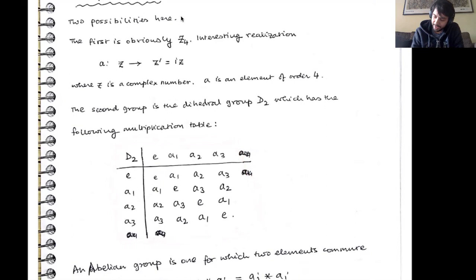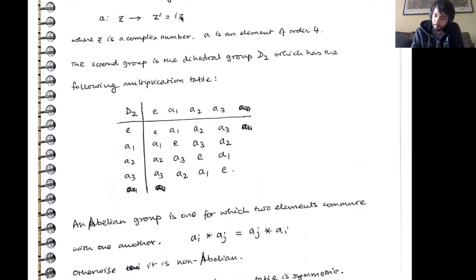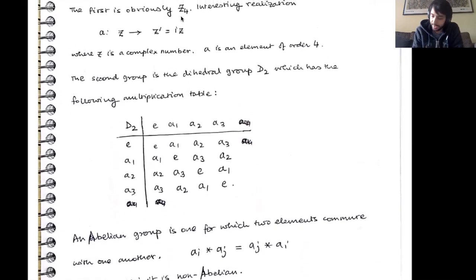So let's define something here before we go ahead. The notion of an abelian group is one for which two elements commute with one another.